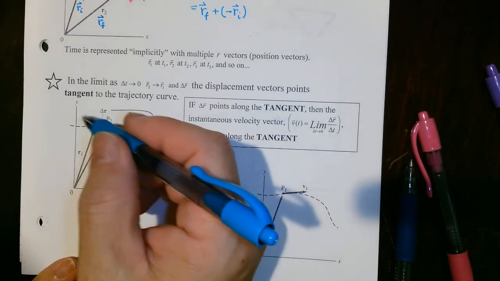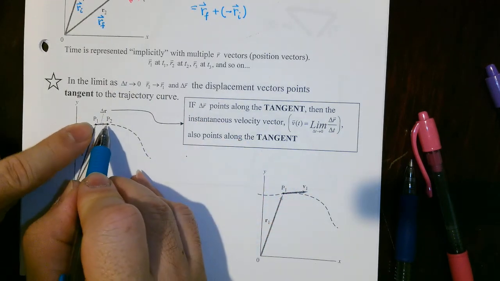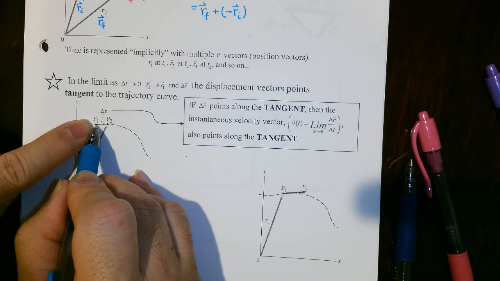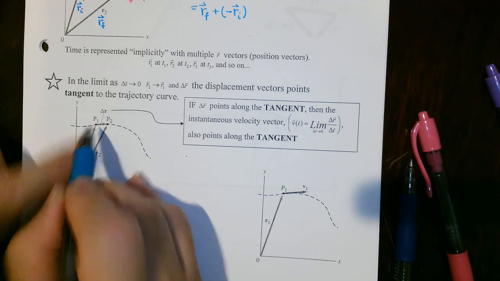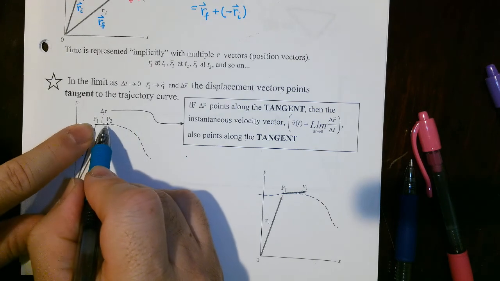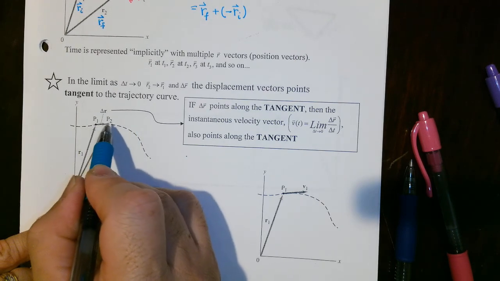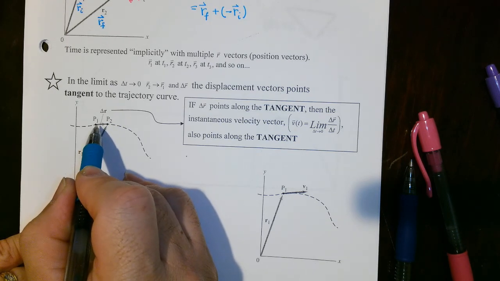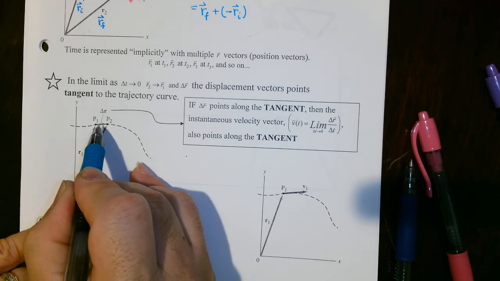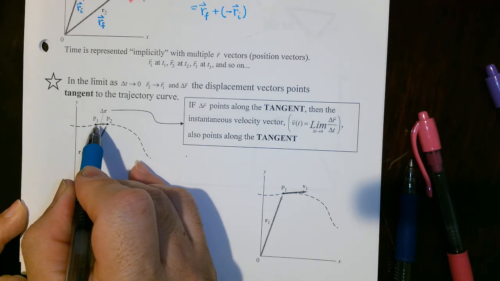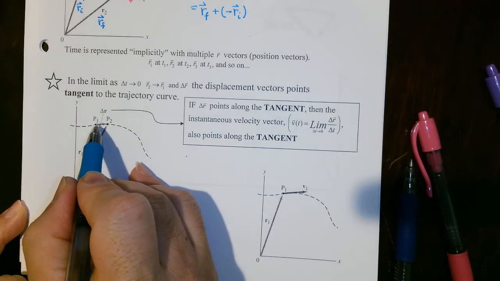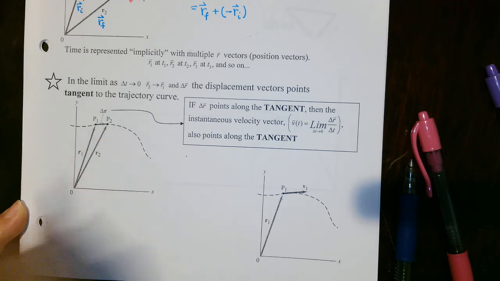As you bring the two position vectors closer and closer together, your delta r approaches 0, and instead of being a secant line between the two position vectors, the secant line turns into a tangent line that goes through just that one point.